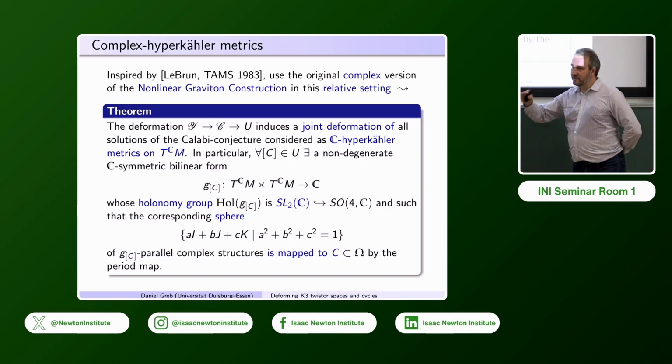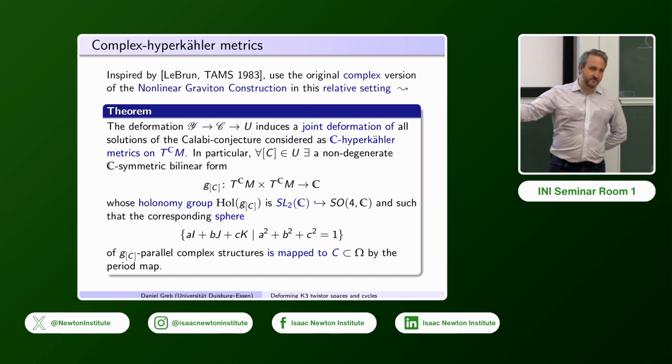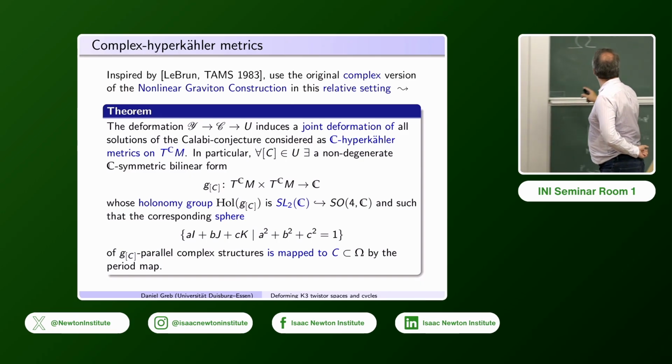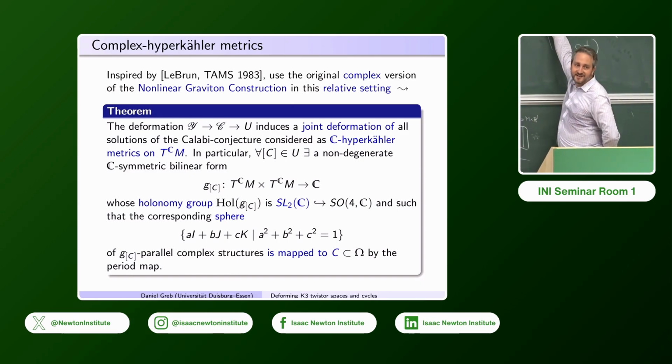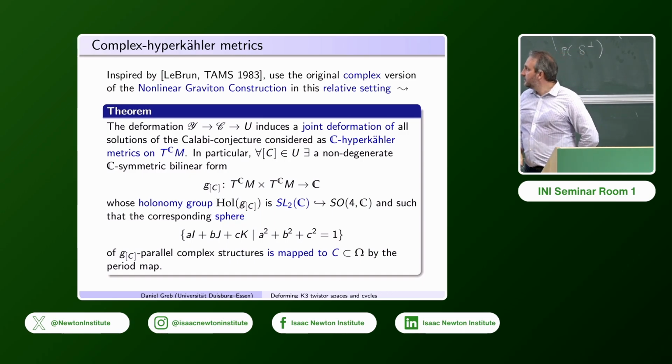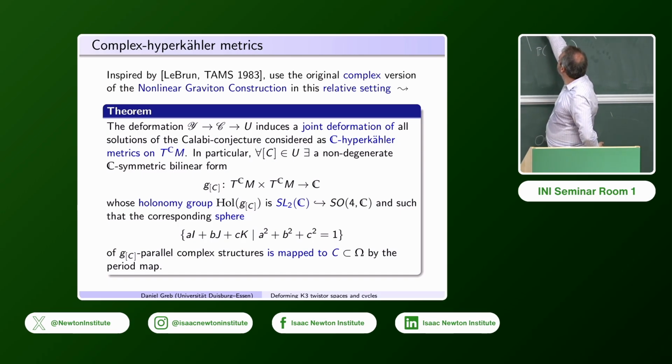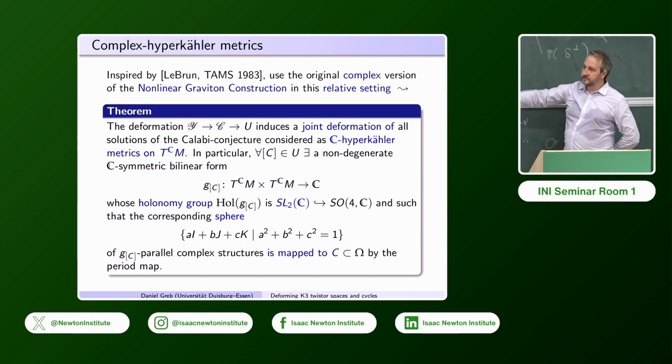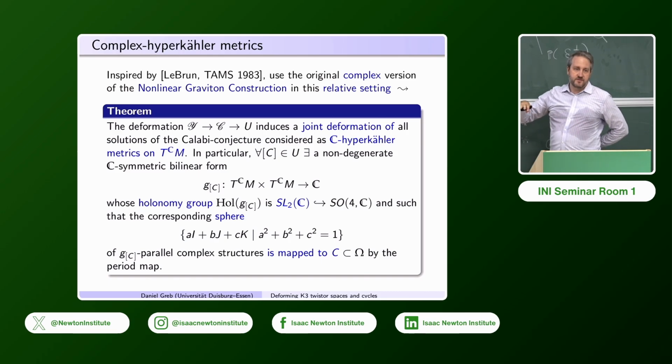So if I fix one of them, I get a compact complex surface. It will be a K3 surface. I compute the period map, and in the end, I get back the cycle. This gives an answer to the question which was why I started this project with Martin Schwald a long time ago. K3 surfaces lying on a real twistor cycle are not biholomorphic, but they share a common real hyperkähler metric.